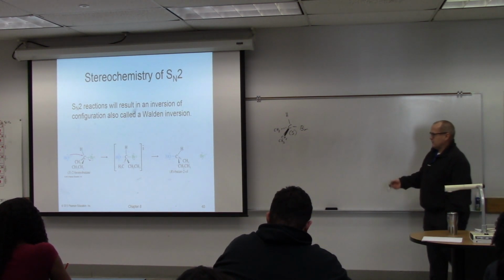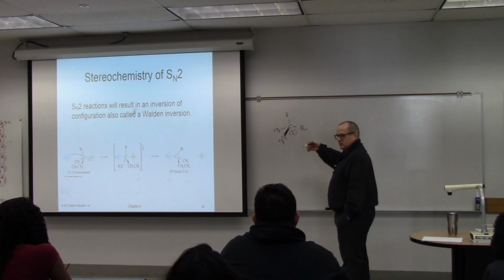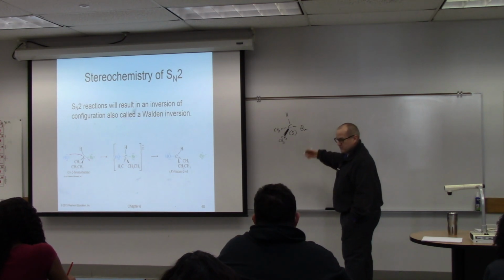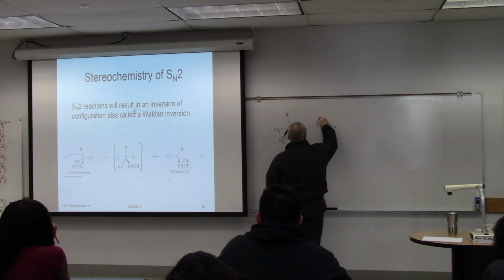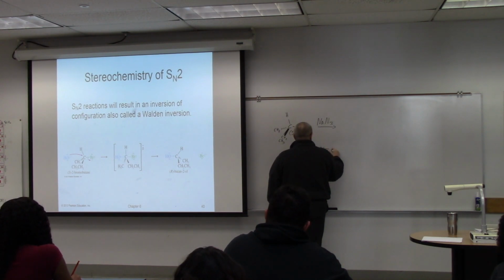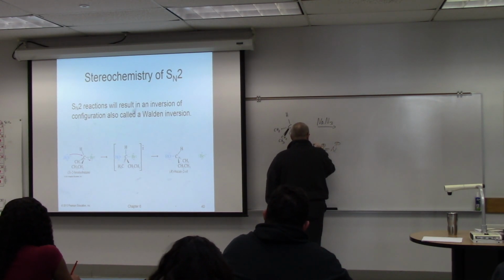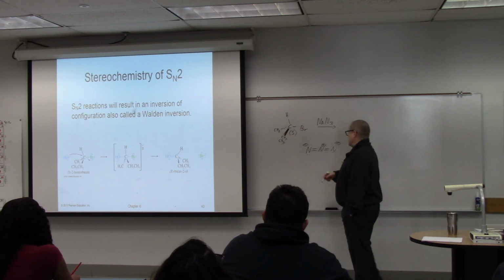Now let's use a different nucleophile. And in case you haven't noticed, I'm trying to use these examples to introduce nucleophiles, right? Let's use something called sodium azide. There we go. That is azide.